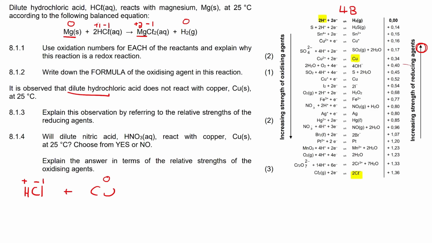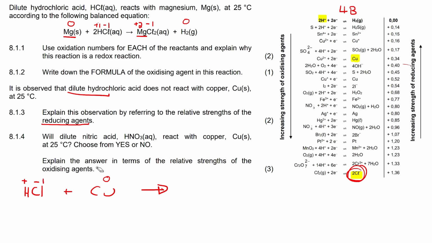Now, when you give your reason, they've asked us to use reducing agents. So we're going to use the reducing agents over here. You're going to have to mention something about this one on the left, but you're not going to use the Cl- because the Cl- is already together with the hydrogen. If a reaction did take place, it would be because this one is able to do something to this molecule.